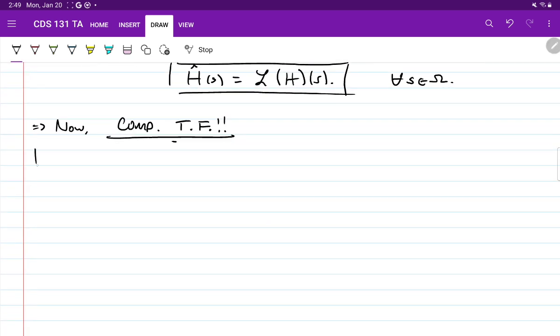The first property that we have is an equivalent characterization of transfer functions.